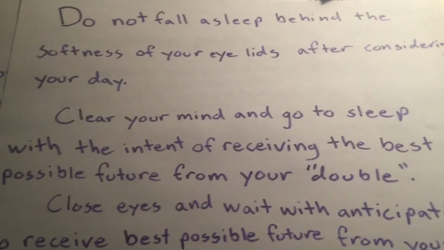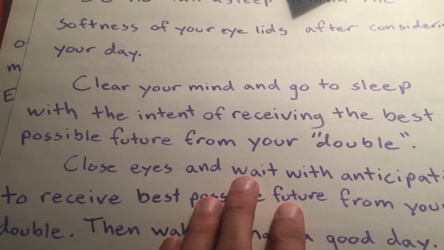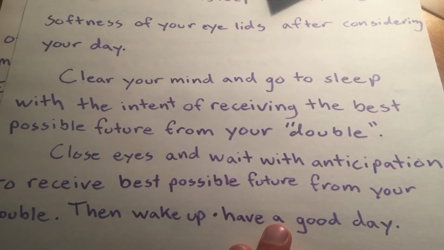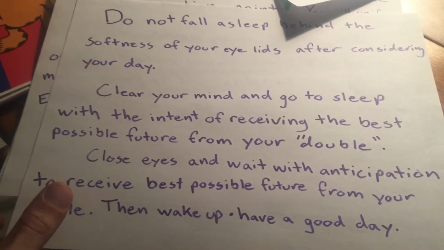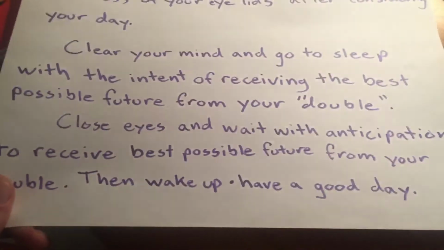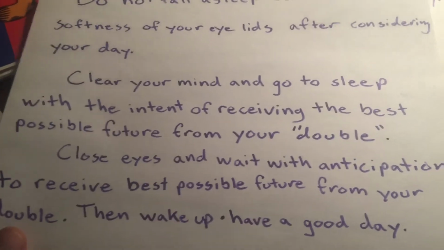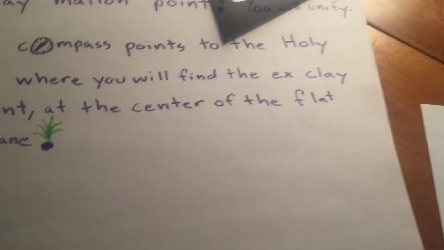So what that means is you want to clear your mind and go to sleep with the intent of receiving the best possible future from your double. You wait with anticipation to receive it, and you're not thinking about what you're going to do tomorrow or what you did today or who you like a lot.